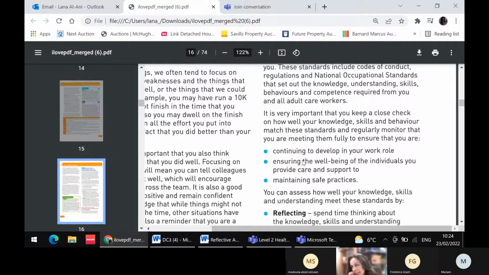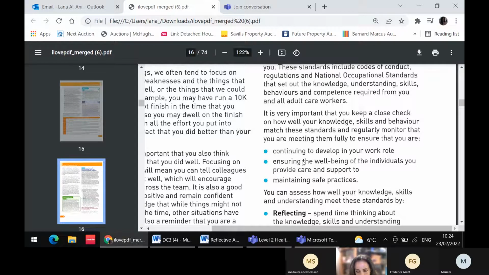If I need anything or if I have new skills, I always ask my manager to help me with these things. And also I ensure that everyone I'm taking care of is safe and well at all times.